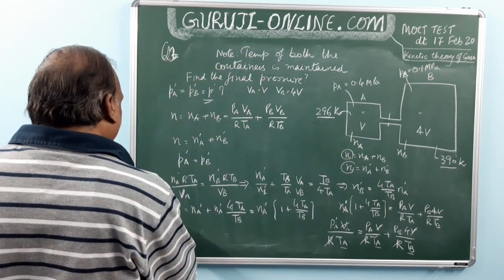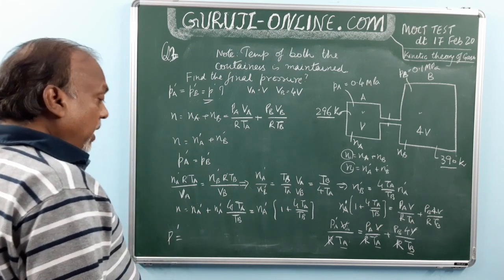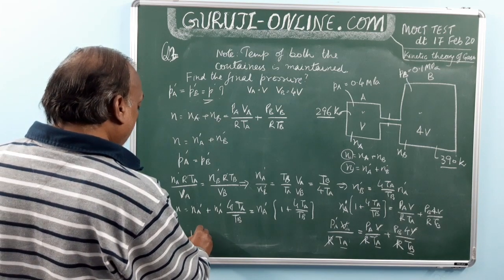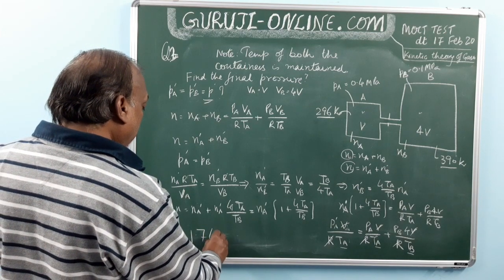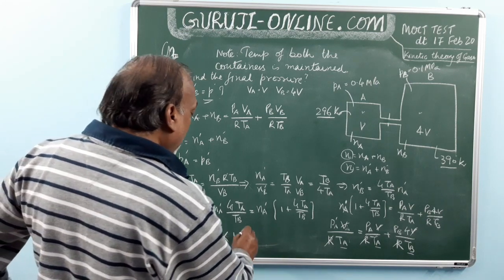So P dash A or P dash, that is final pressure, we can find out, and if you calculate this, this will come as 1.74 into 10 raised to 5.